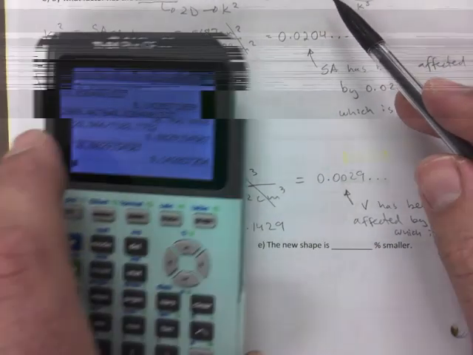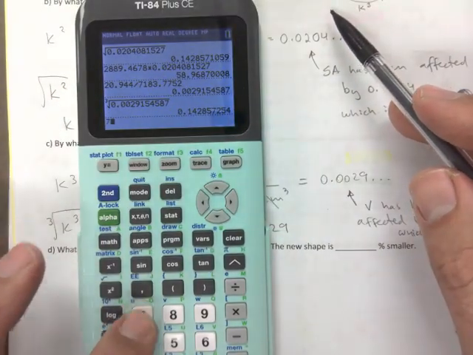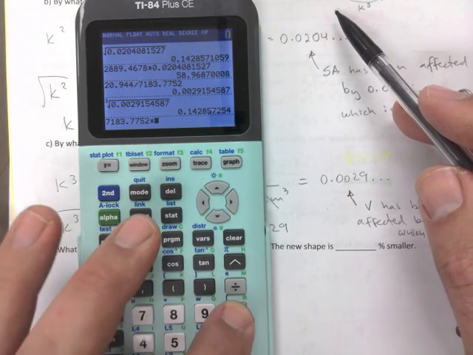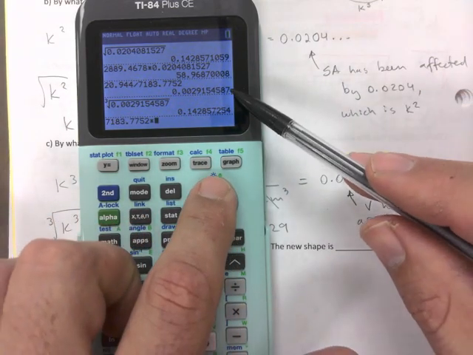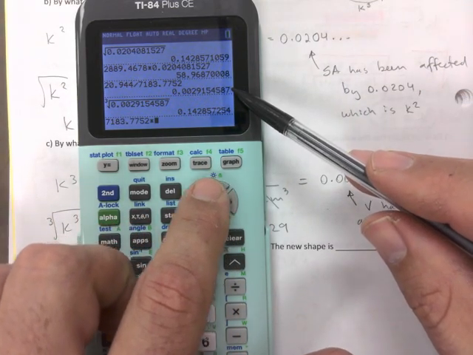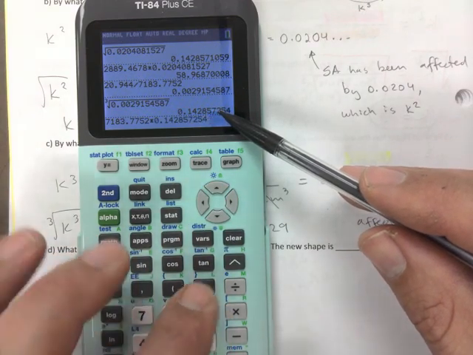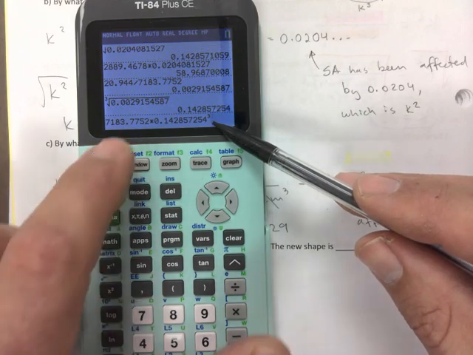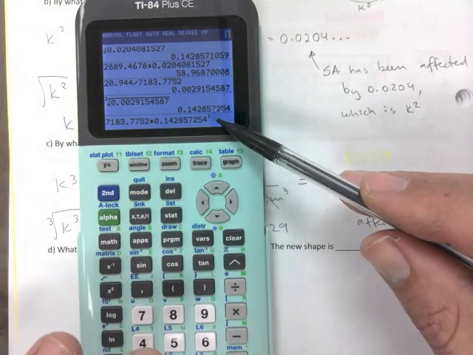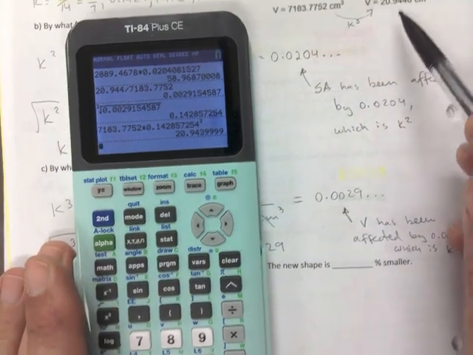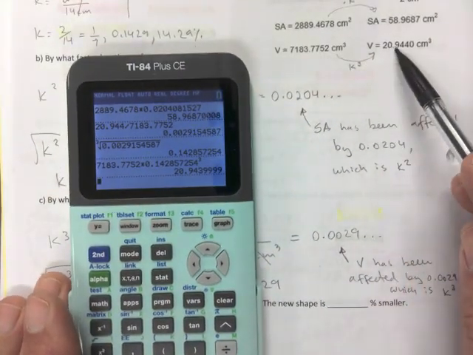So if you were to take 7183.7752 and multiply it by k cubed, how about we try that? We just take k and cube it. So volume times k cubed, we get this number right here.